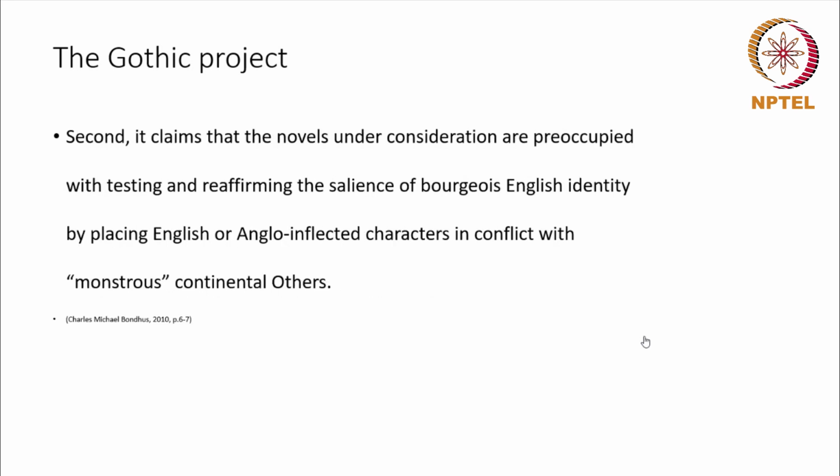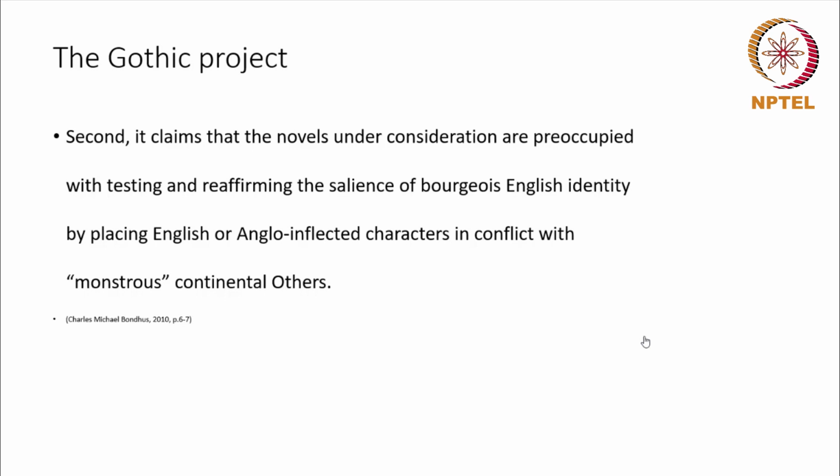The second project of the Gothic is that it tests and reaffirms the salience of bourgeois English identity by placing English or Anglo-inflected characters in conflict with monstrous continental others. So this is a very crucial point in relation to the cultural function of Gothic fiction. Gothic fiction seems to put two things in opposition to one another.